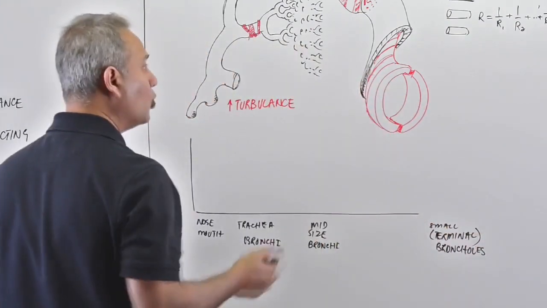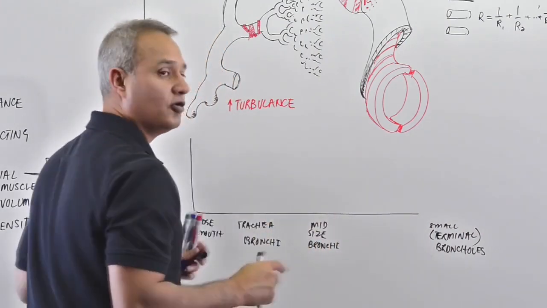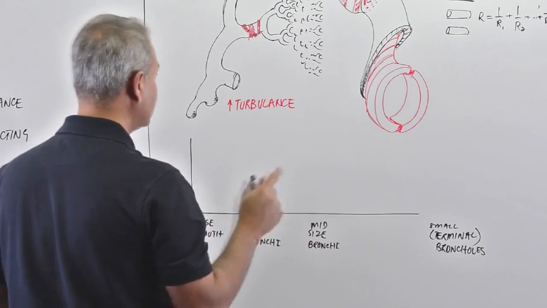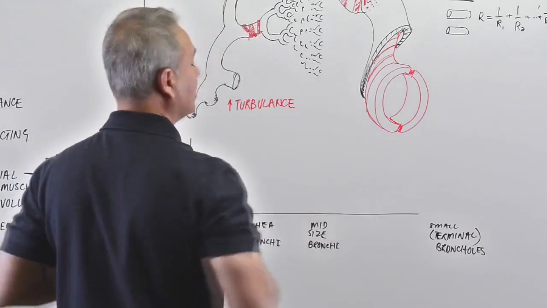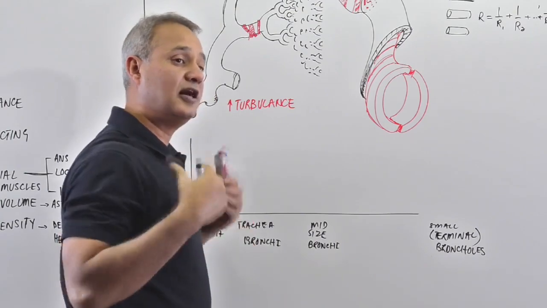The question is going to be, where is more resistance? And you might be given A, B, C, or you might have a chart or graph that you have to select. So look at this, 50% of the resistance is offered by the mouth, nose, trachea and large bronchial system.